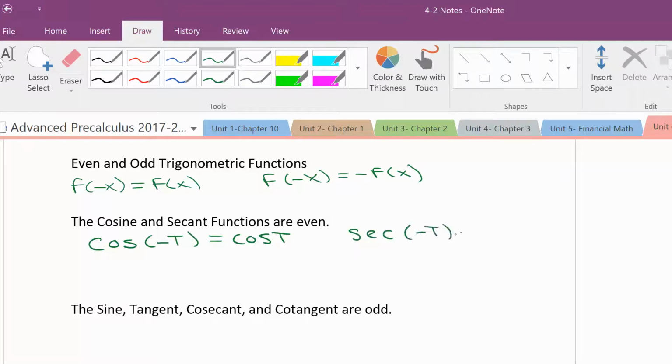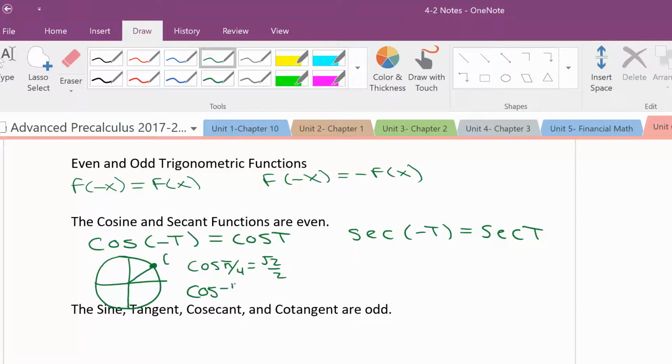And I'll give you an example. So for example, if you look at pi over 4, right, pi over 4 is here. All right, the cosine of pi over 4 is equal to rad 2 over 2. Well, the cosine of negative pi over 4, well, negative pi over 4 would be here.